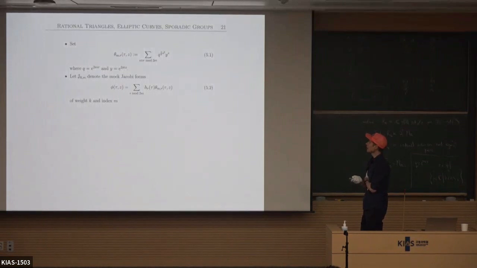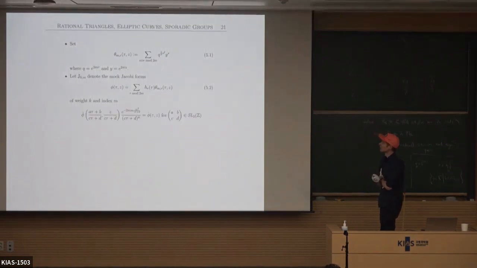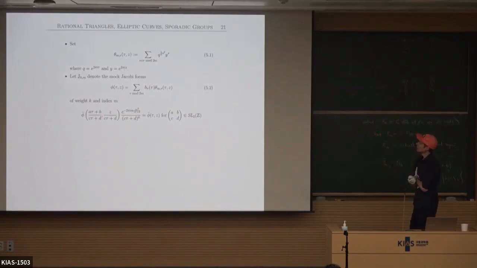Now I'm going to use the language of Jacobi forms, Mock Jacobi forms. Jacobi forms are a lot like modular forms. It's going to be completely concrete. What does it mean to be a Mock Jacobi form of weight k and index m?